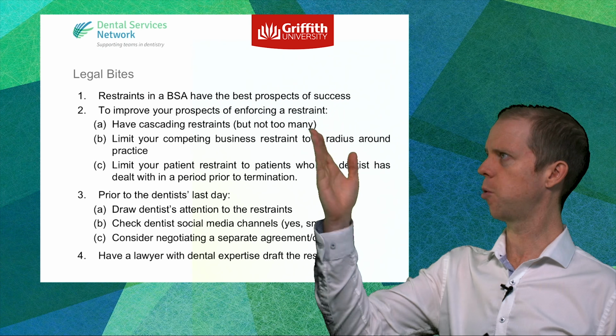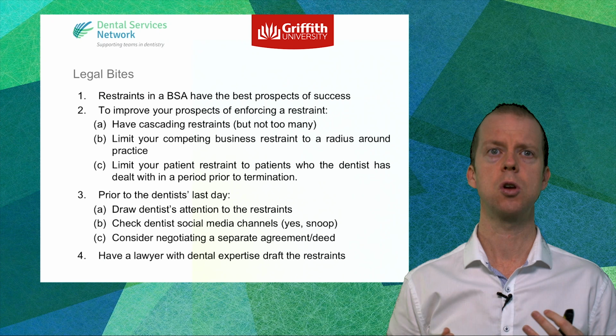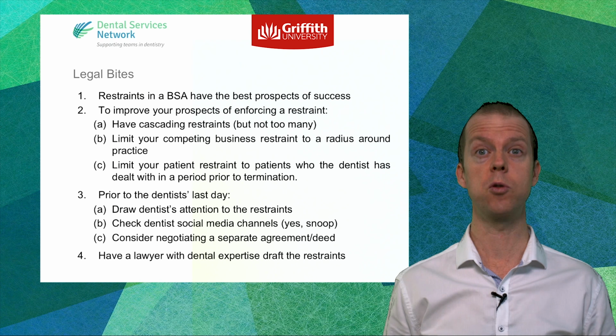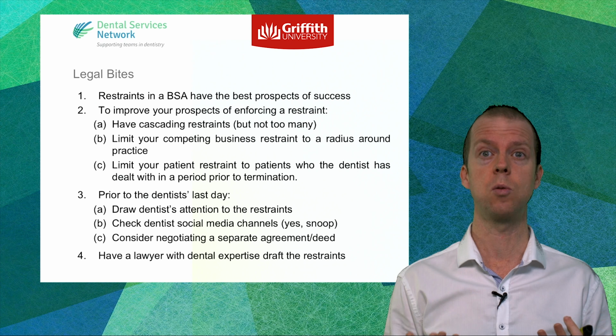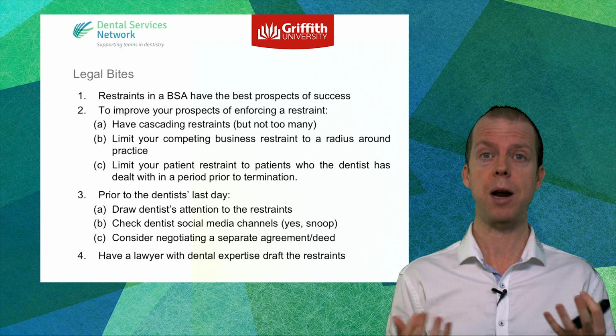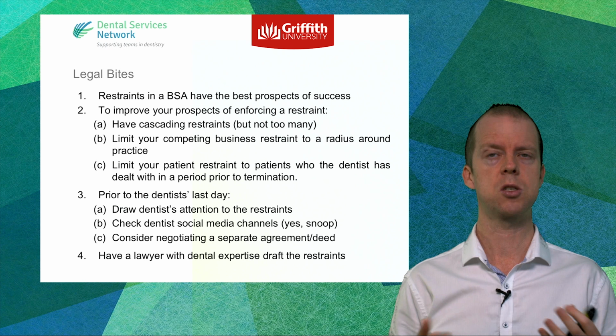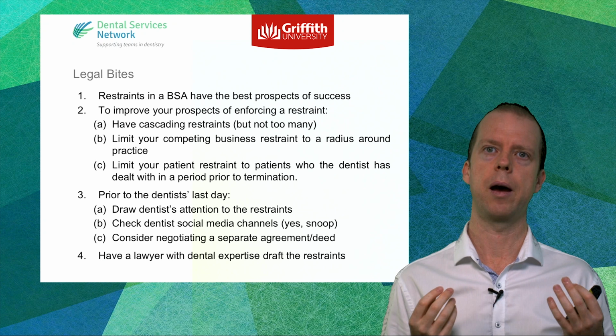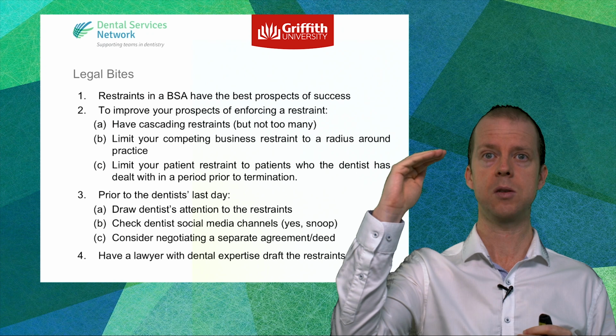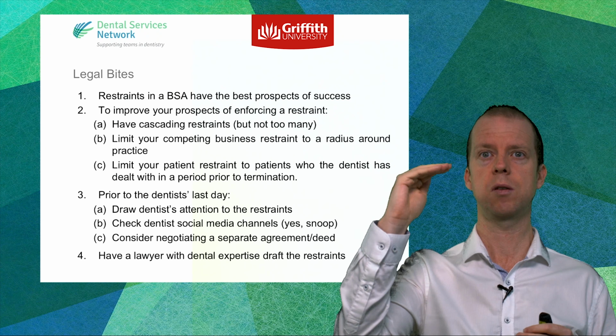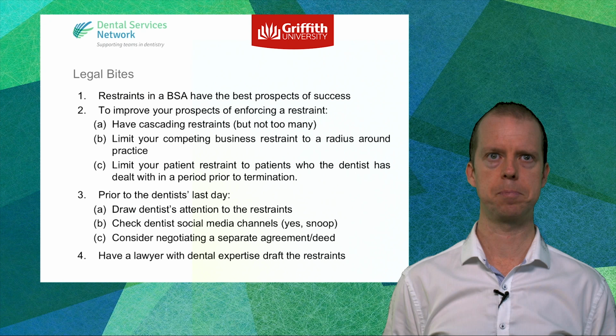This enables a court to strike out those restraints that are seen as too wide, beyond the scope which is necessary to protect the dental practice owner's interests, until the court reaches one which it considers to be reasonable. So for example, a duration restraint might be 6 months, 3 months, 2 months, 1 month after termination of the agreement.